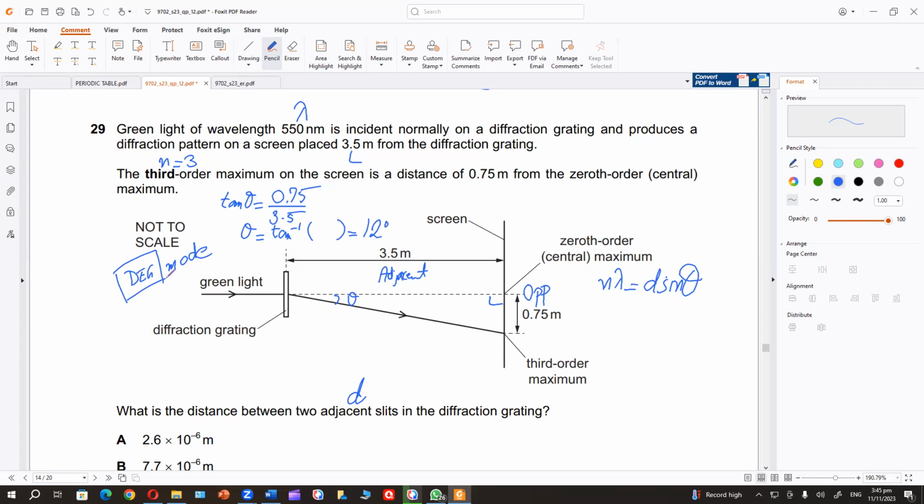Now we have the data, everything in our hand, and we can work out the D. Nanometer, oh, it's nanometer.